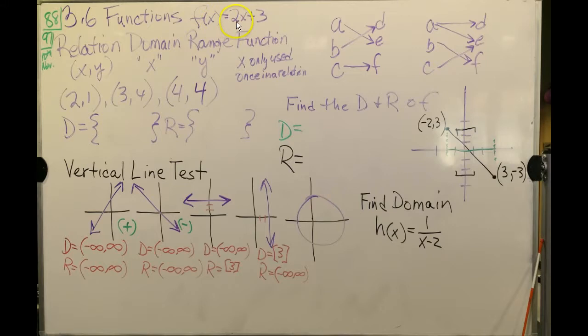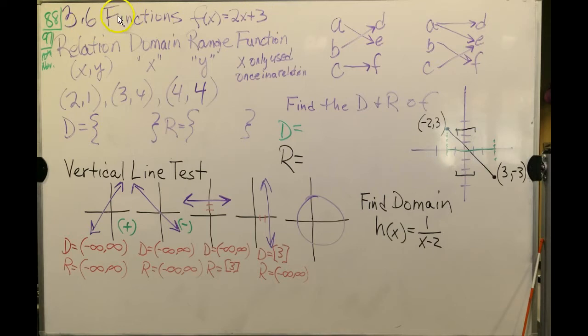Now, tying this into chapter 3, if we replace the function symbol with the letter y, we get y equals 2x plus 3, which is slope-intercept form that we featured in a number of sections in chapter 3.